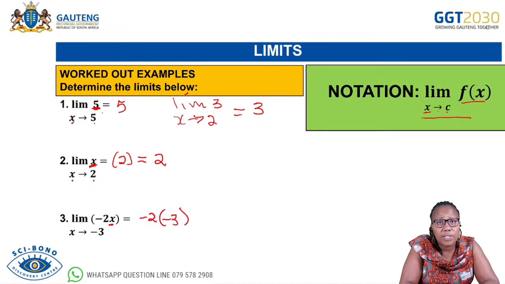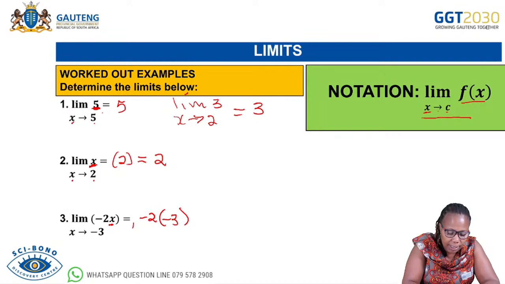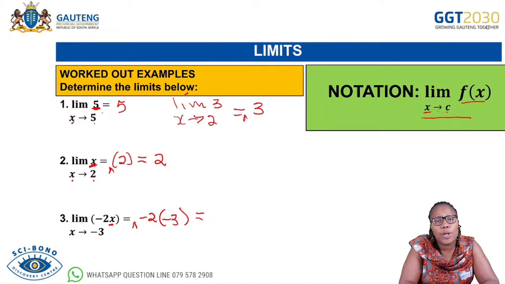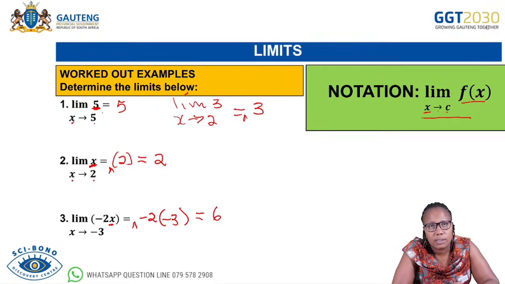And be careful, grade 12. As we are substituting the value of x, we don't write lim again. Look at that, there is no lim there on your answers. So now after substituting minus 3, we end up with an answer equal to 6.